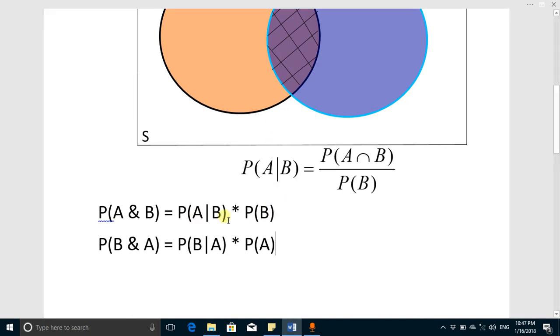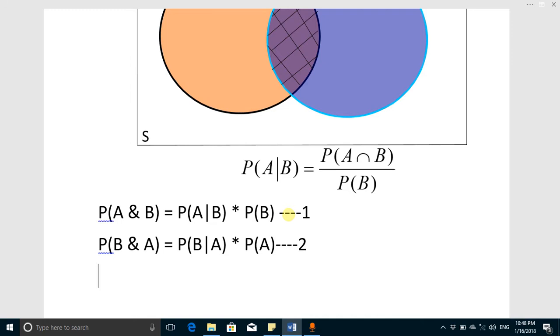Now as you can see, A and B, B and A, they are one and the same thing. So from the left side of this equation we can say that equation 1 and equation 2 are the same.